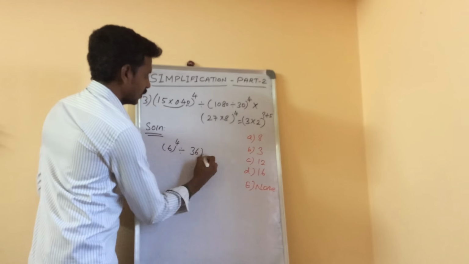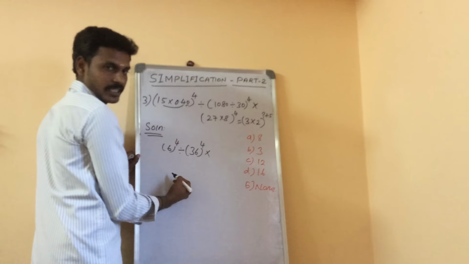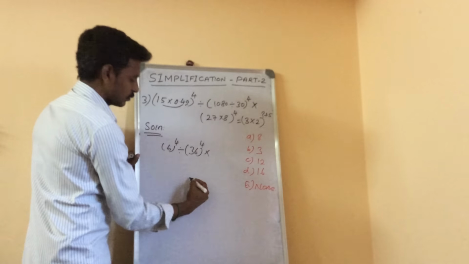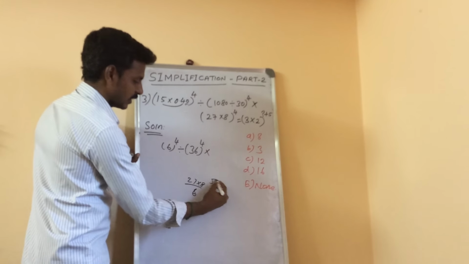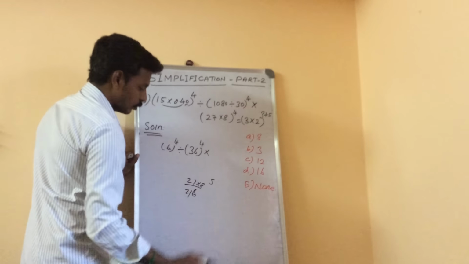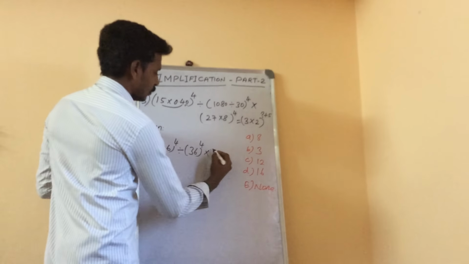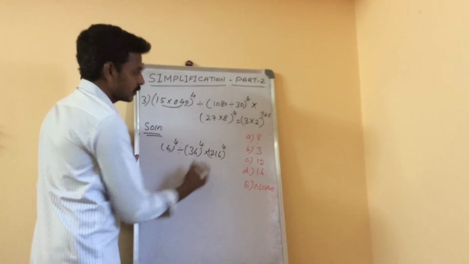So 36 power 4. The next thing, multiply 27 × 8. 8 7s are 56, carry 5. 8 2s are 16, 16 plus 5 is 21. So 216. So 216 power 4.